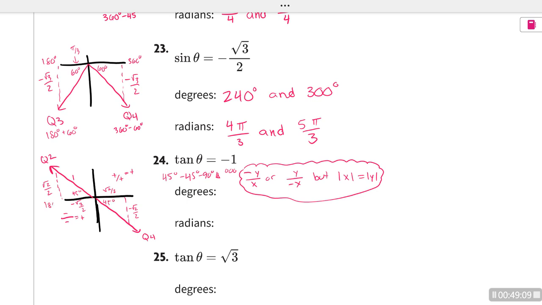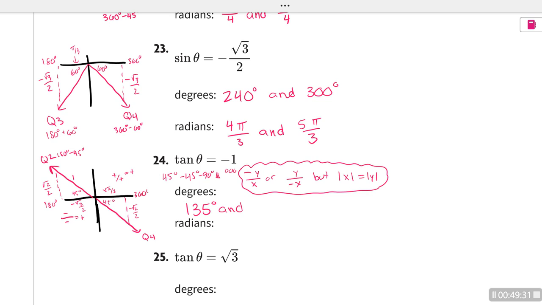So let's think, if this is 180, that means we're 180 minus 45 because we're not quite there, which gives us 135 degrees. And here, remember, we're 360, so 360 minus 45 gives us 315.